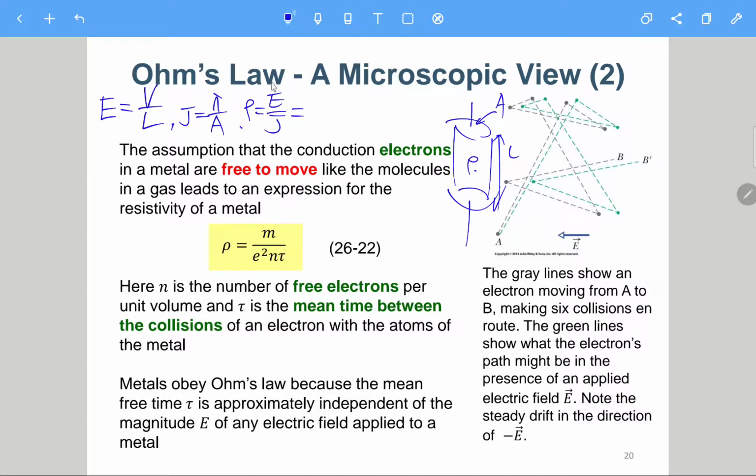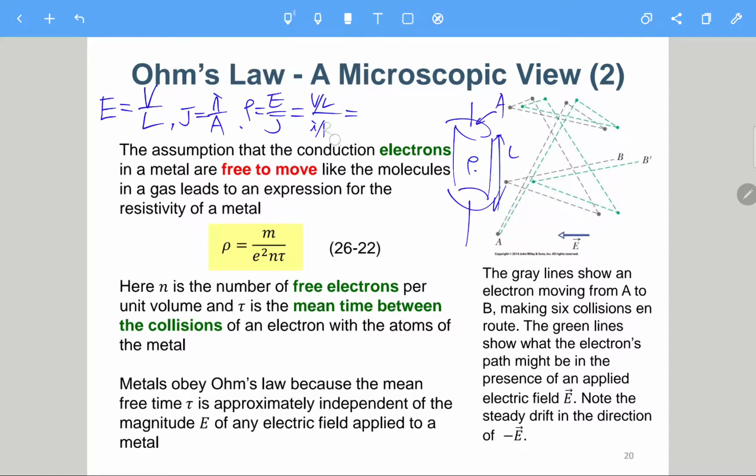So we can substitute V over L here, and then we have I over A here. Let me see. Sorry.